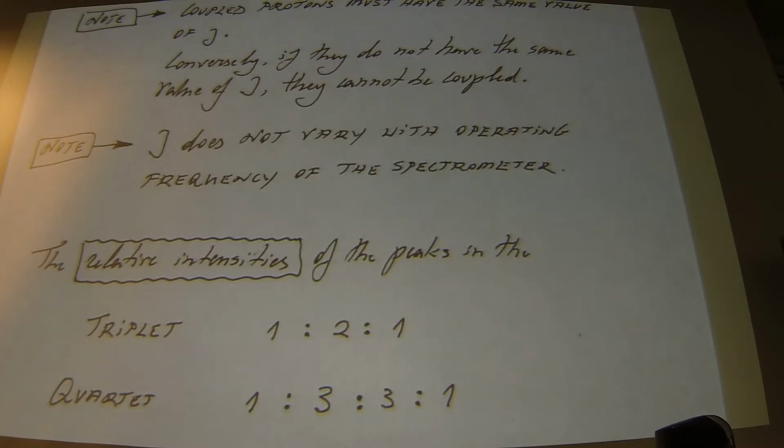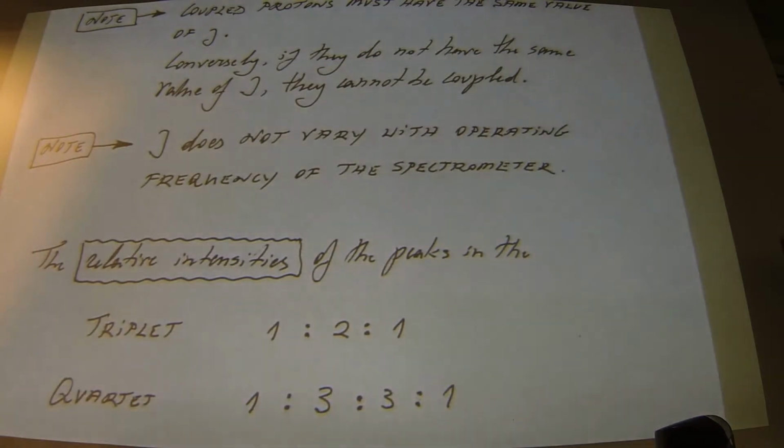Not only will the chemical shift be the same, but the coupling constants will also be the same, when measured in hertz. That's why you'll notice that we measure the coupling constants in hertz, not parts per million. So if you measure the coupling constants in hertz, they're going to be the same in all spectrometers.